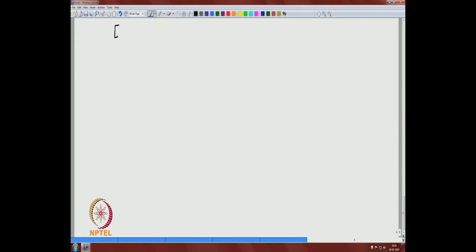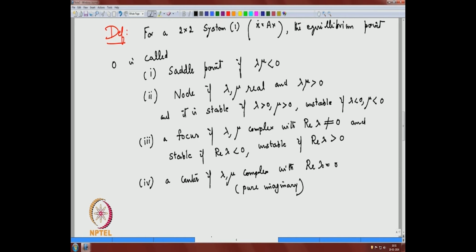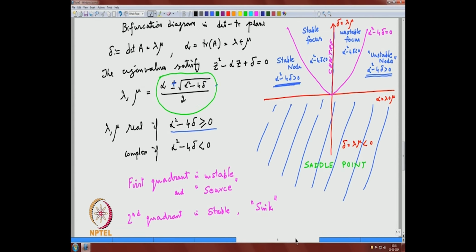So, here is example 1, we will have more examples later. There is one more thing. Where is the picture here? Yeah, this is the situation, let me have a different color.